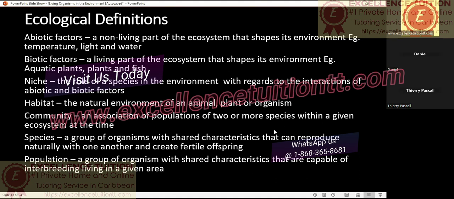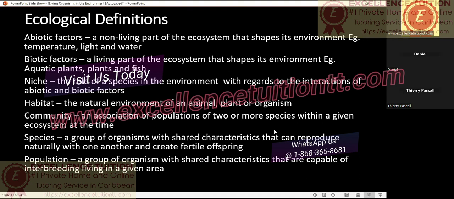We have 5 minutes again, so we'll just go through this, and that will be it for this evening, right? We'll continue tomorrow. But in ecology, you have abiotic and biotic factors. Abiotic factors are the non-living part of the ecosystem that shapes the environment.